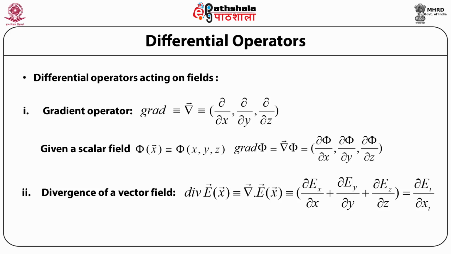This can also be written in tensorial notation as del E_i by del x_i, where the subscript i runs from 1 to 3 and denotes the summation over i.